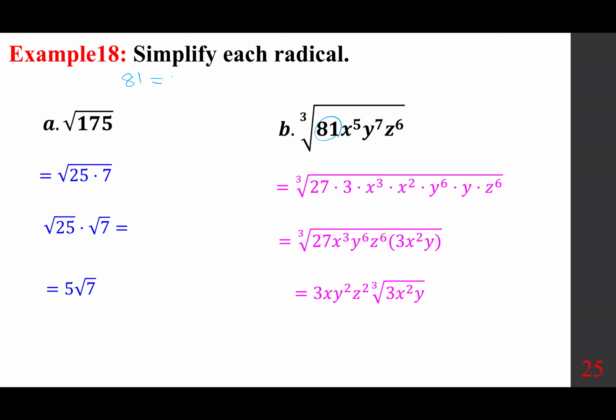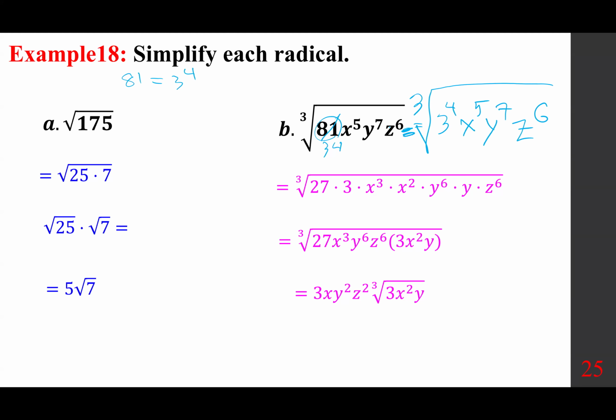I hope you know 81 is 3 to the power of 4. So let me rewrite it here: 3 to the power of 4, x to the power of 5, y to the power of 7, z to the power of 6, and we want the cube root.